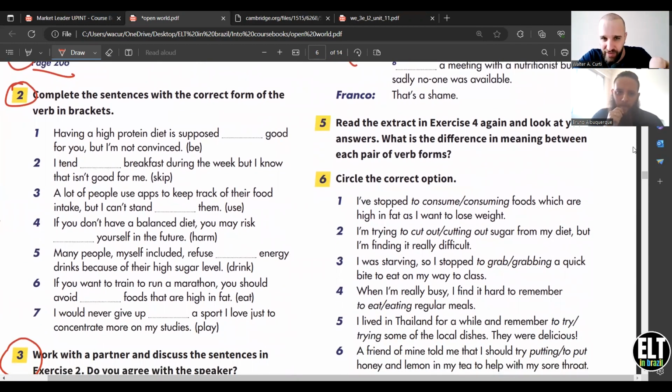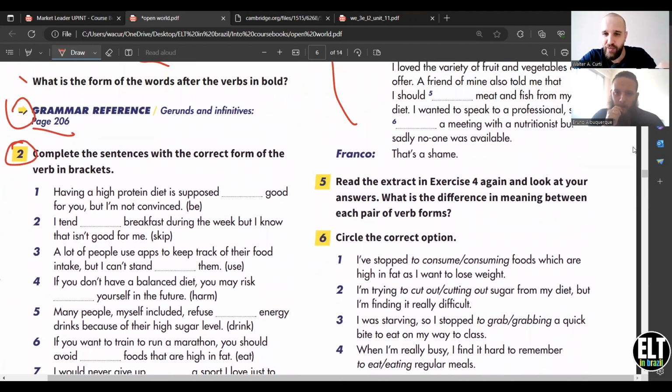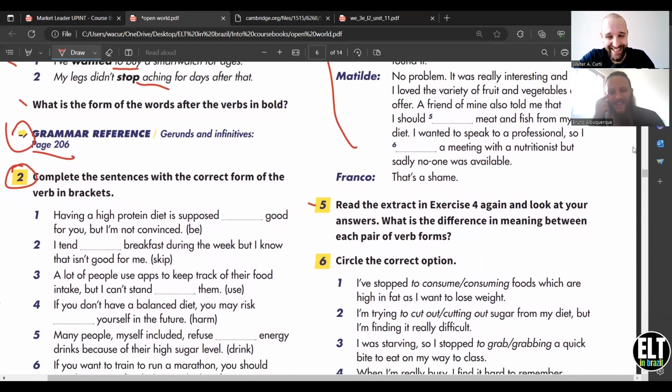But then you have another speaking part. Read the extract in exercise 4 and look at your answers. What is the difference in meaning between each pair? Okay. It's a little bit of critical thinking together there, maybe. So the thing with I stopped smoking and I stopped to smoke, right? It's a very nice exercise.